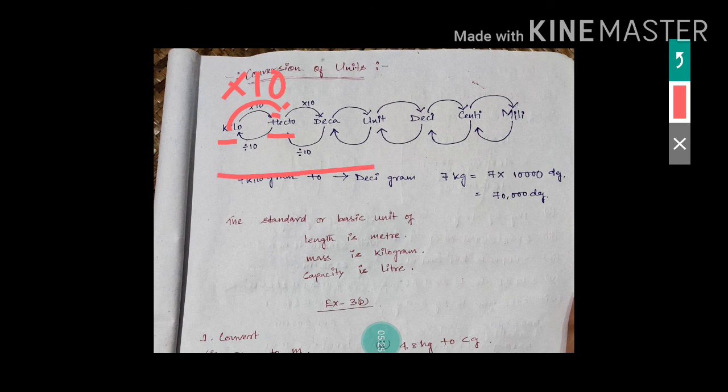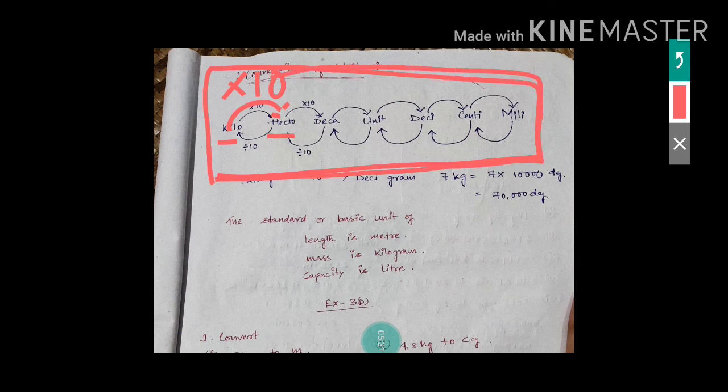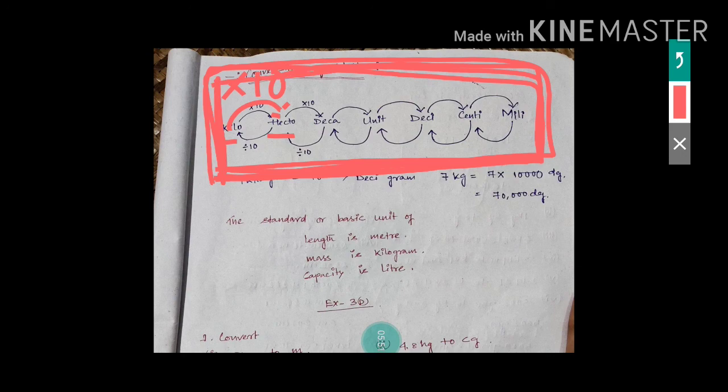If you learn this table now, you need it for lifelong, wherever you go. Suppose you are going to market to buy something, at that time also you have to apply this table. Suppose you are doing some calculations, every time you have to use this table. So try to understand from the beginning.